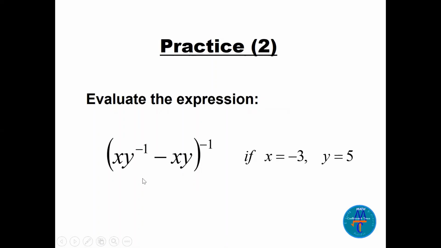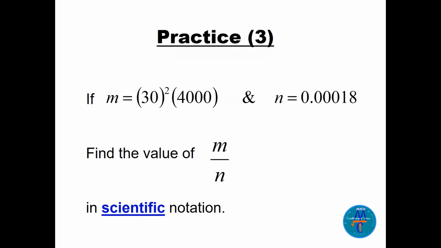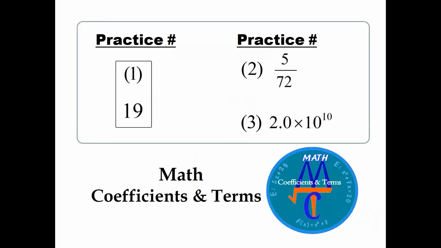Just be careful. And then m is 30 squared times 4,000. And n is 0.00018. Find m over n in scientific notation, similar to question number 3 we did together. You can practice, then you find the answers here.